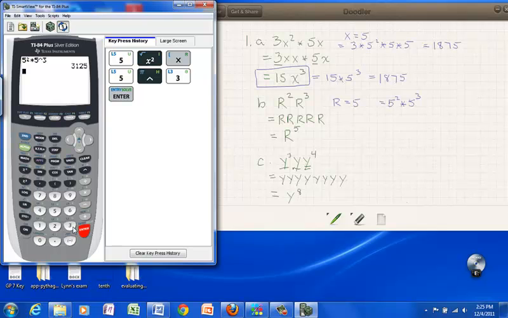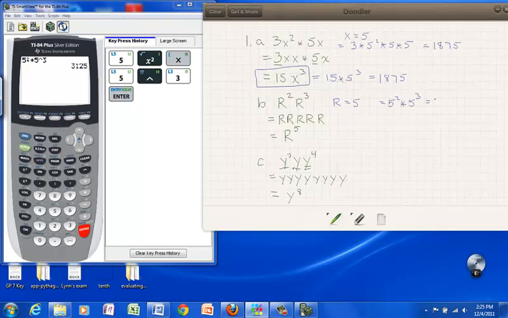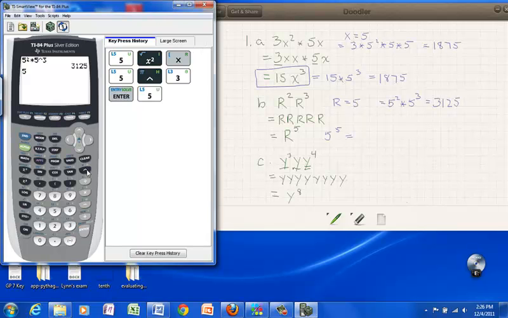So that answer is 3,125. The answer down here is just 5 to the 5th power. That answer is also 3,125. So again, I know that answer is right.